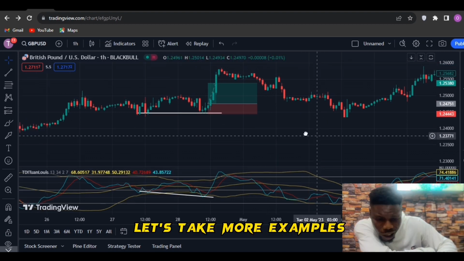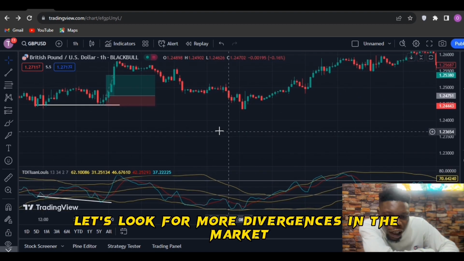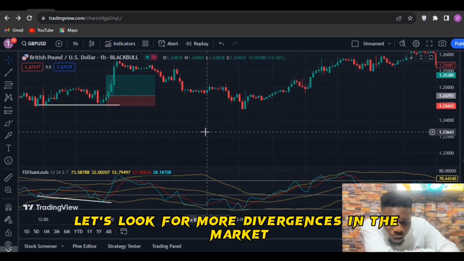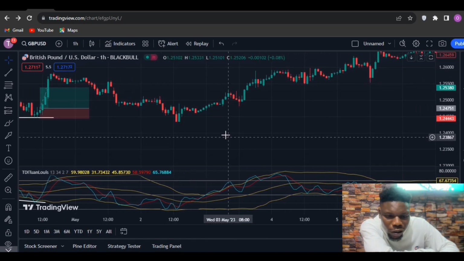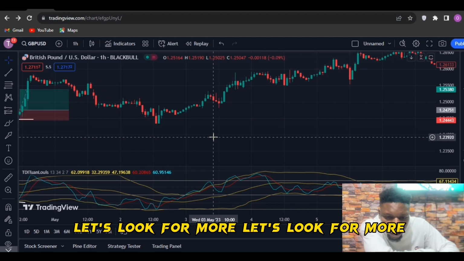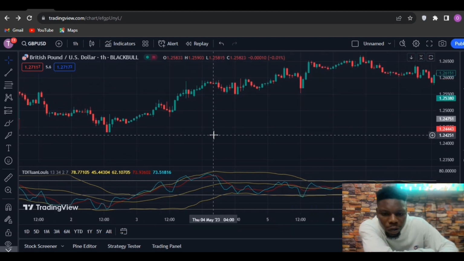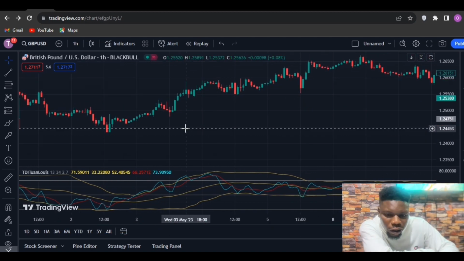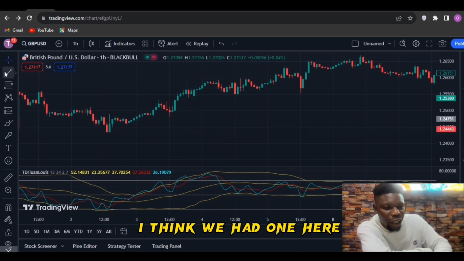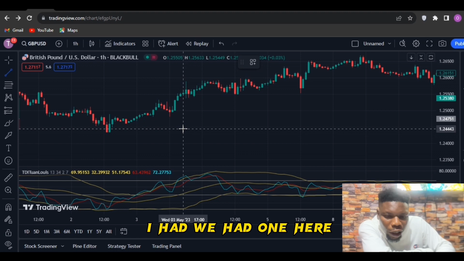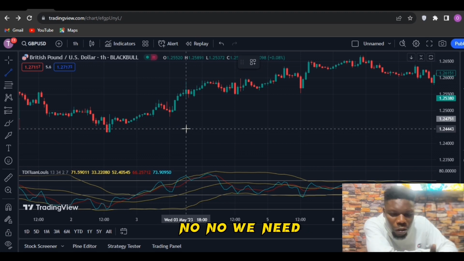Let's take more examples. Let's look for more divergences in the market. Let's look for more. I'm searching, right? I think we had one here, but this is a loss though. We had one here. No, we didn't.